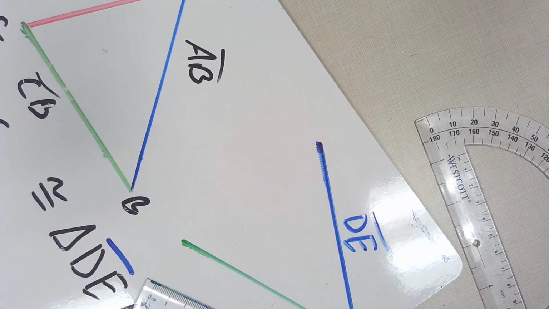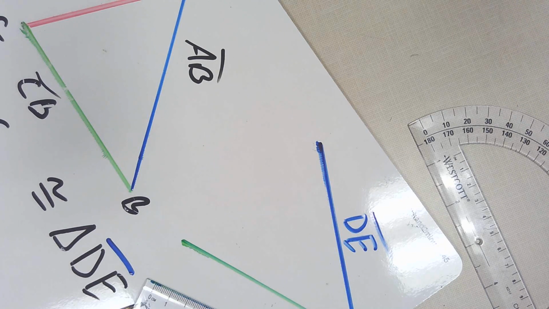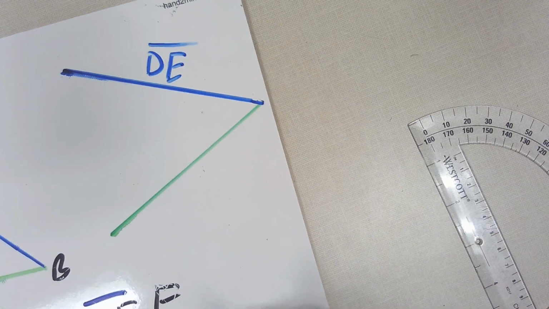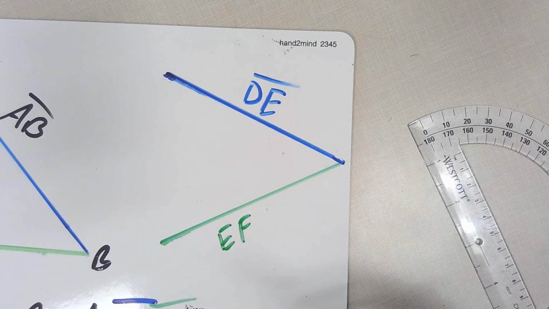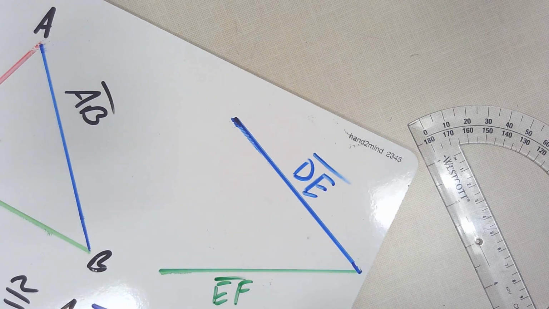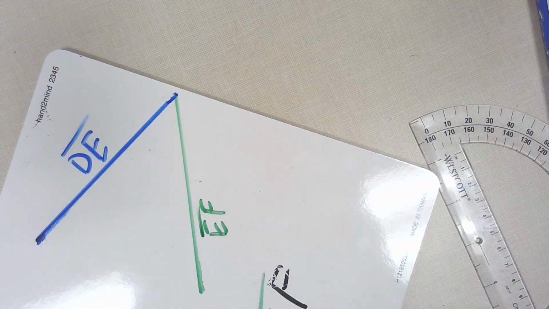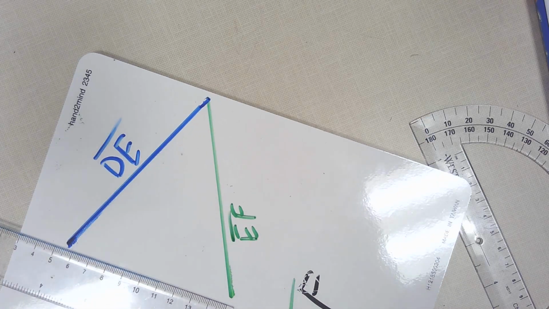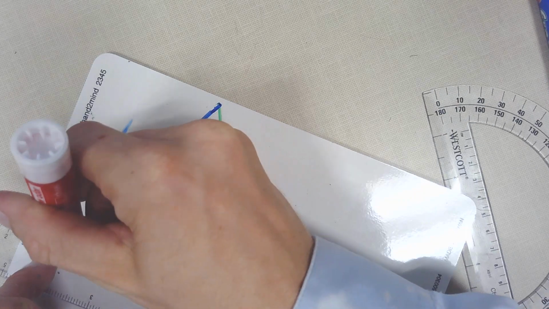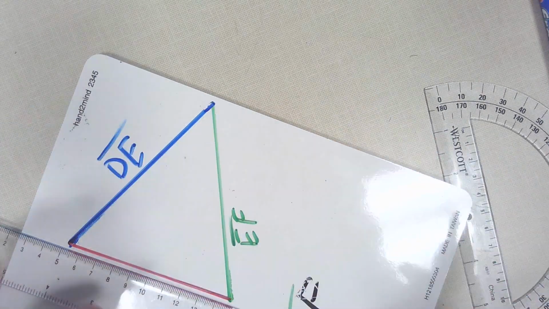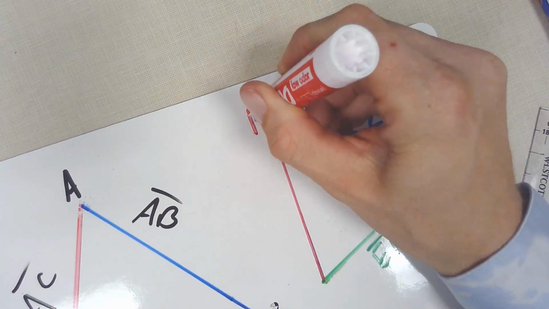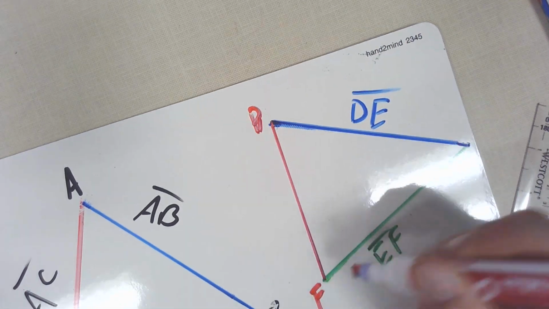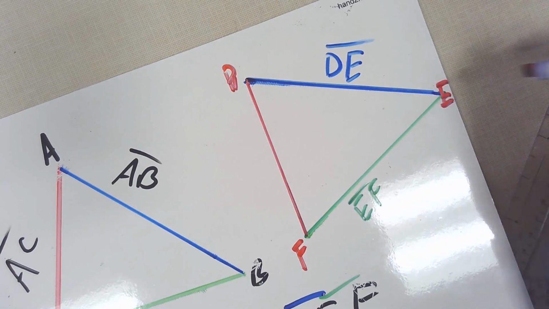This would be CB, so this would be EF, and then my remaining line here should be roughly the same length as my red one, and that would be DF. So that's D, and then this is E, and this is DF.